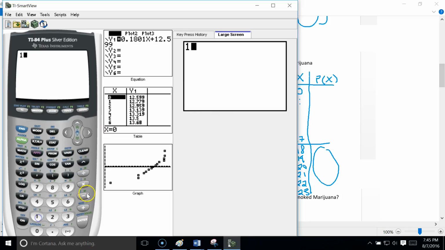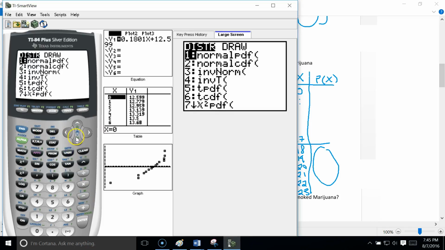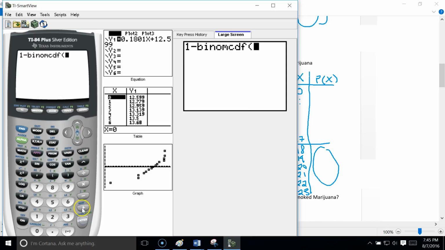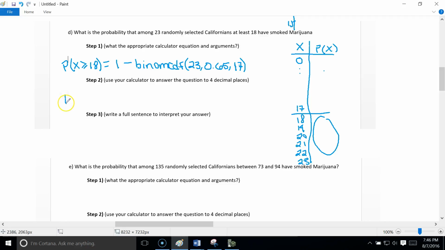Let's see, we want 1 minus binomial CDF of 23, 0.65, 17, close parentheses, enter. So we get 0.1309. So this is going to be the probability that x is greater than or equal to 18.